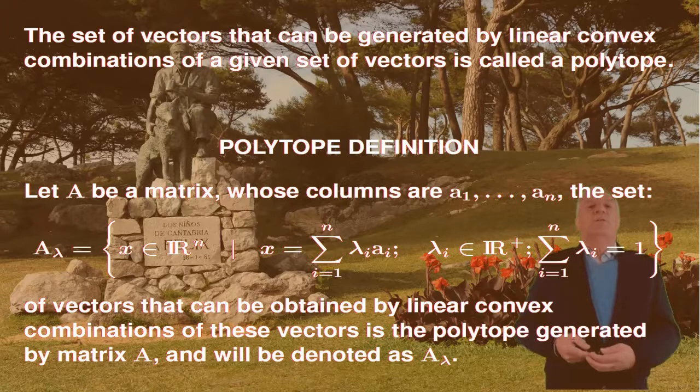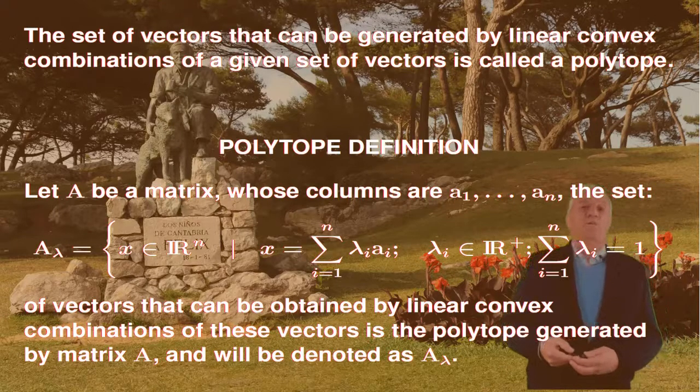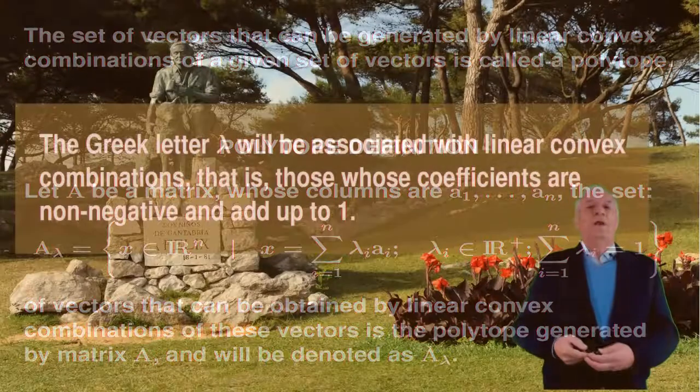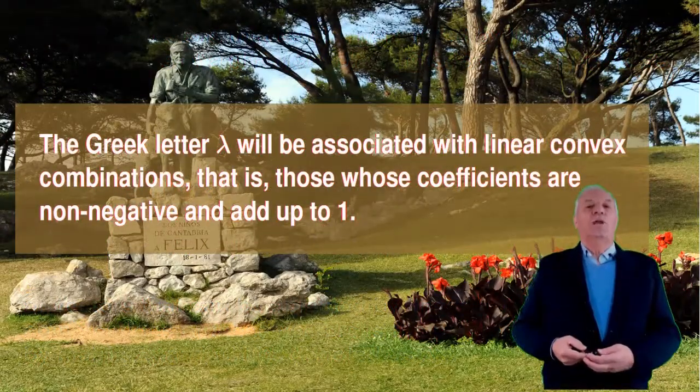If we have a subset of vectors such as a1, a2, an, by means of linear combinations with coefficients adding to 1, the sum of lambda sub i times a sub i from 1 to n, we get vectors x such that if we change the coefficients lambda in all possible ways, forcing all coefficients to be greater or equal to 0, that is, such that they belong to the R plus set, and adding up to 1, then we have a polytope. To refer to linear convex combinations, we will always use the Greek letter lambda.